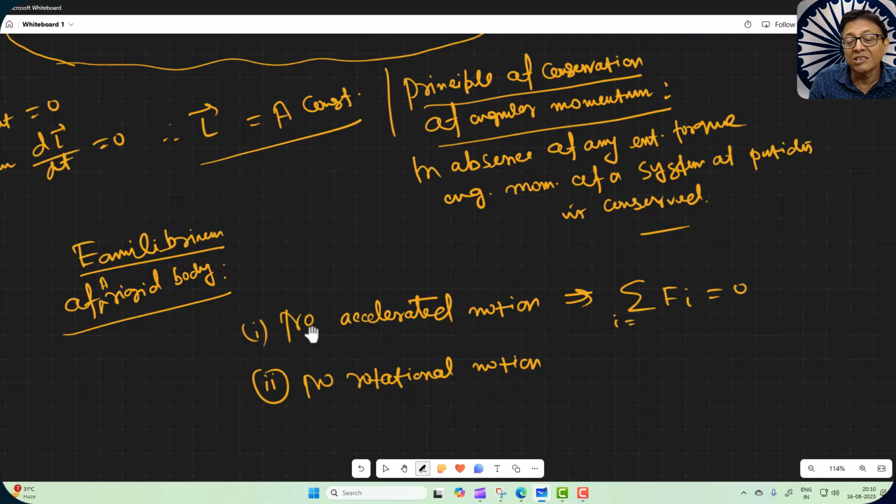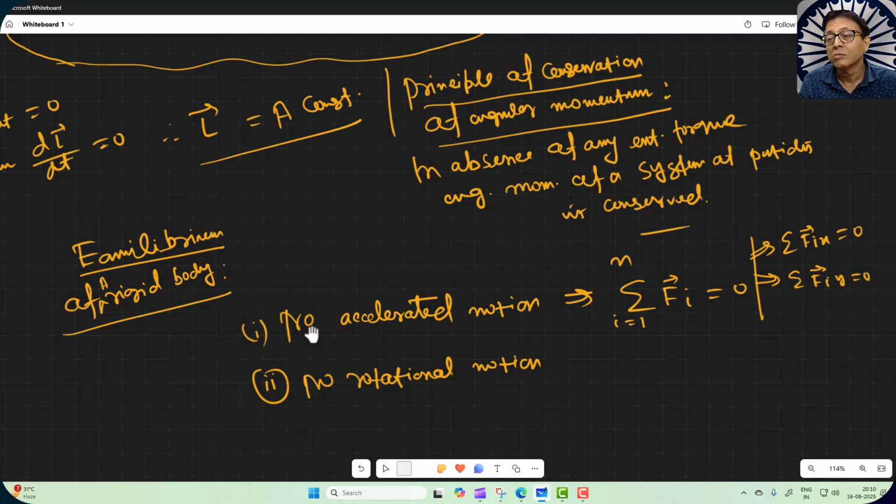Assume that it consists of n particles, sigma Fi is 0. It has three components: Fix along x-axis will be 0, then Fiy along y-axis will be 0, and Fiz also will be equal to 0.